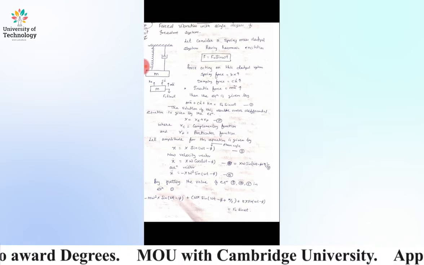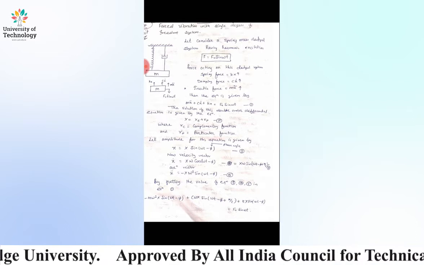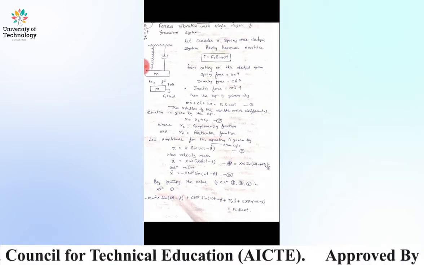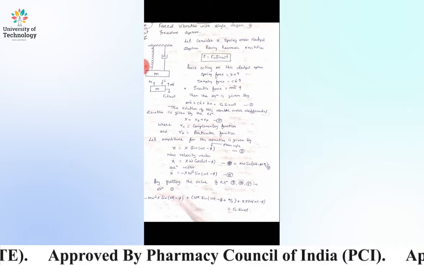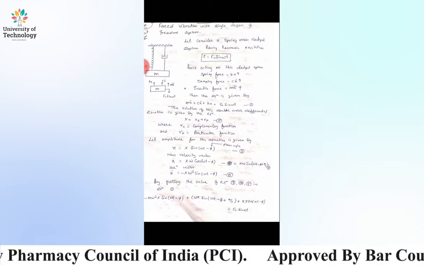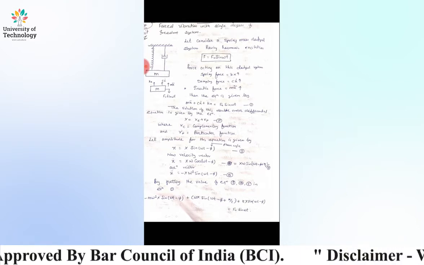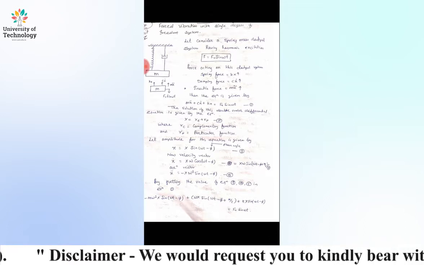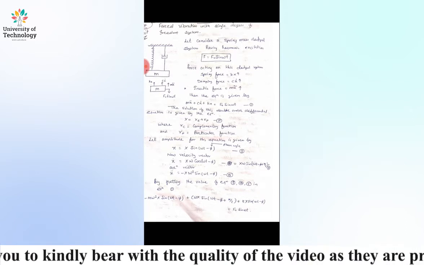Let the solution of this equation be given by small x is equal to capital X sin omega t minus phi. Phi represents the phase angle and capital X is the amplitude. Small x is the displacement vector.